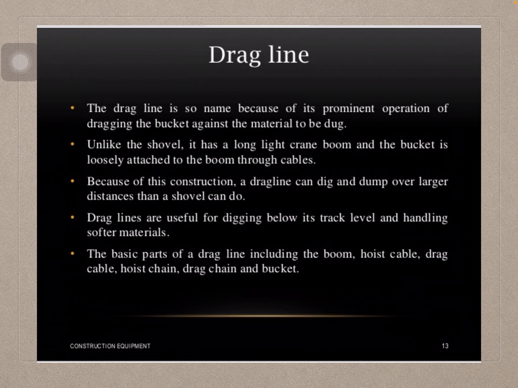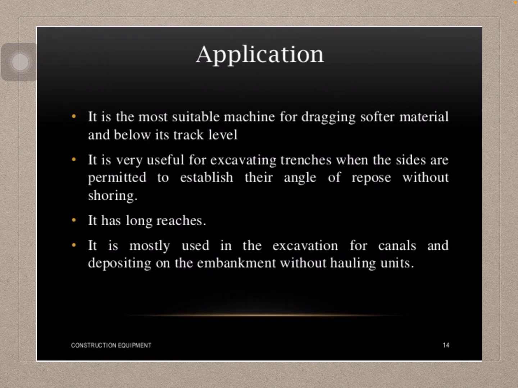Basic parts of the dragline include boom, hoist cable, drag cable, and hoist chain. Applications are for softer material below the track level, and it is also able to stretch for longer distances. It is also used for excavation of canals and depositing the embankment without hauling units.